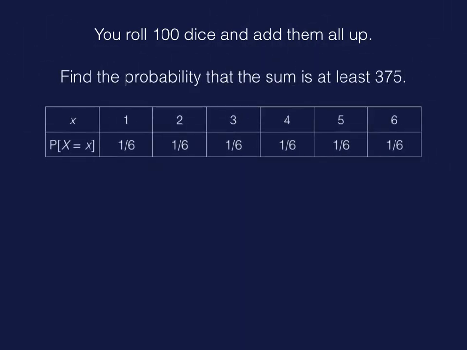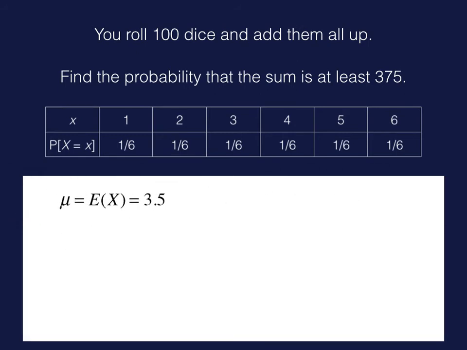We're going to roll 100 dice and add them all up. We did this in class, I believe, but the distribution of one dice roll is this, and the expected value is the mean of 3.5, and the variance is 35 over 12.